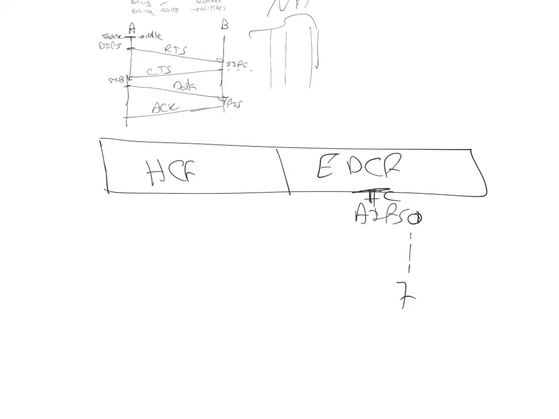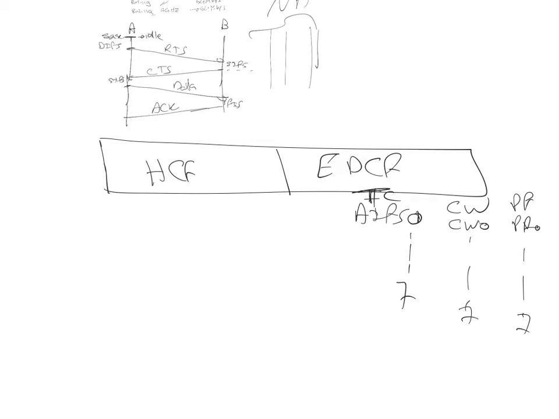Not only that, we had the contention window size. Also, there is contention window 0 all the way to 7. What else? Persistent factor. Also persistent factor 0 all the way to 7. By specifying these 3 parameters, EDCF was able to achieve service differentiation.